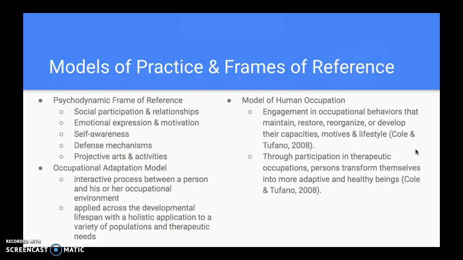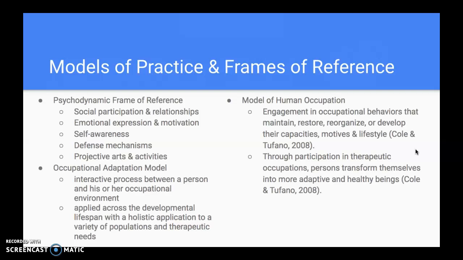Also, the occupational adaptation model. This is an interactive process between a person and his or her occupational environment, and it can be applied across the developmental lifespan with a holistic application to a variety of populations and therapeutic needs.